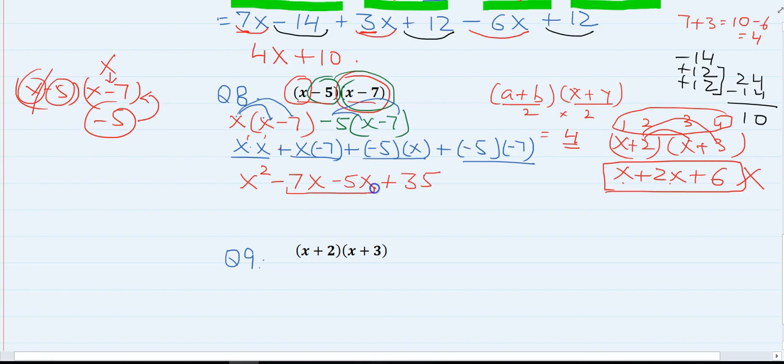These are the like terms. This is a square term, this is a constant, these are the two terms. So this is x square. Both have the same sign, so we will add and retain the sign of both of them. So 7 plus 5 is 12. Plus 35.